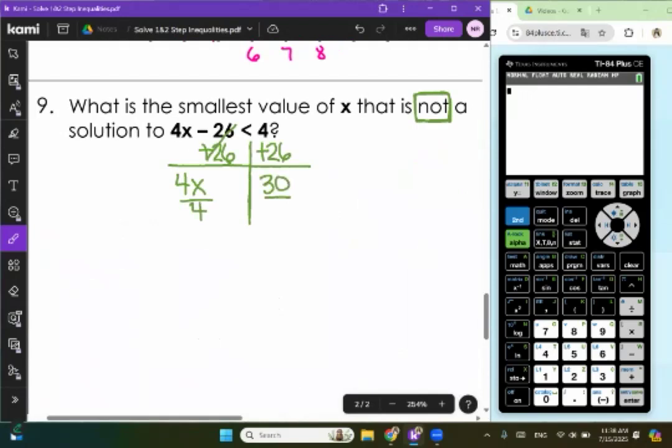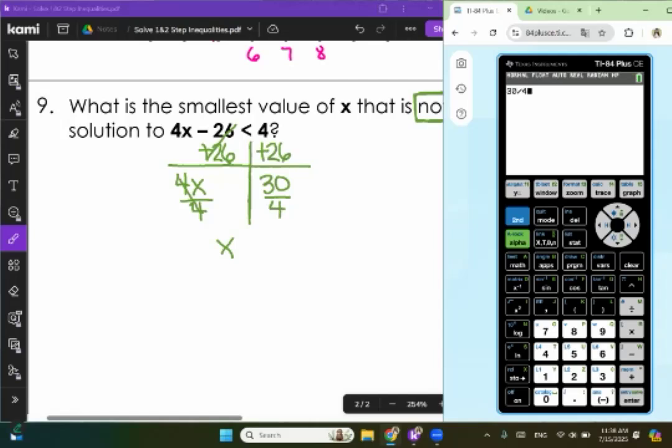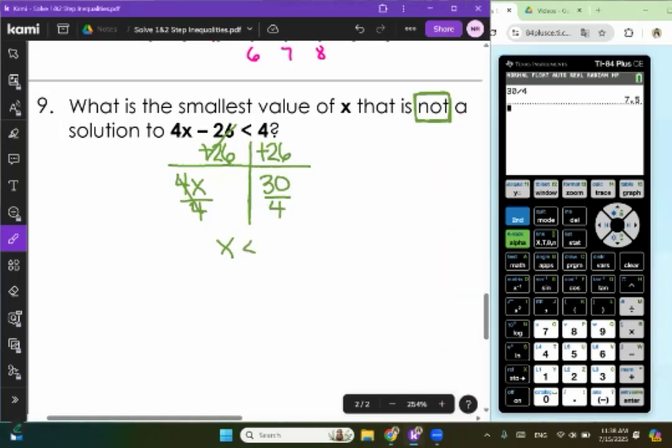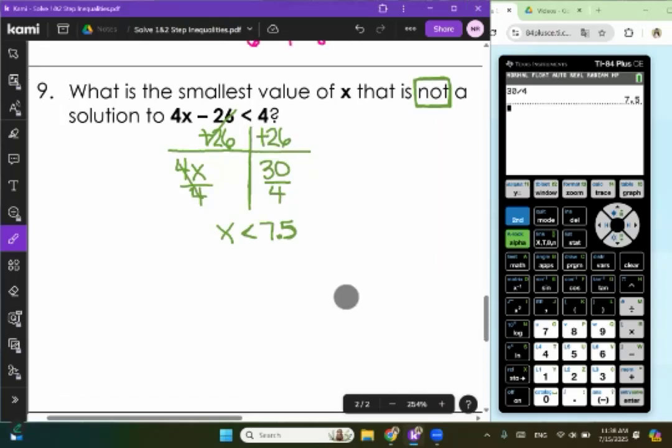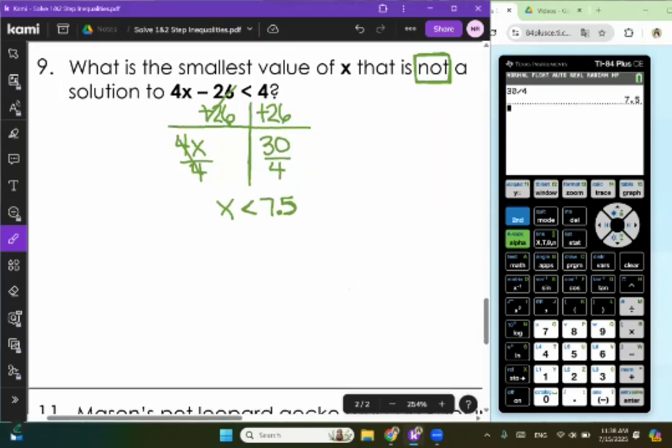We're dividing. Do we need to flip? No. But 30 divided by 4, 7.5. We do not flip. 7.5. Okay. So some of you may see the answer just by looking at your solution in this form.